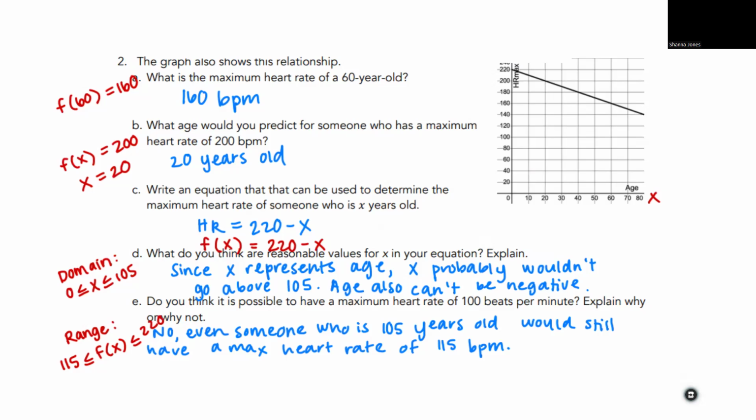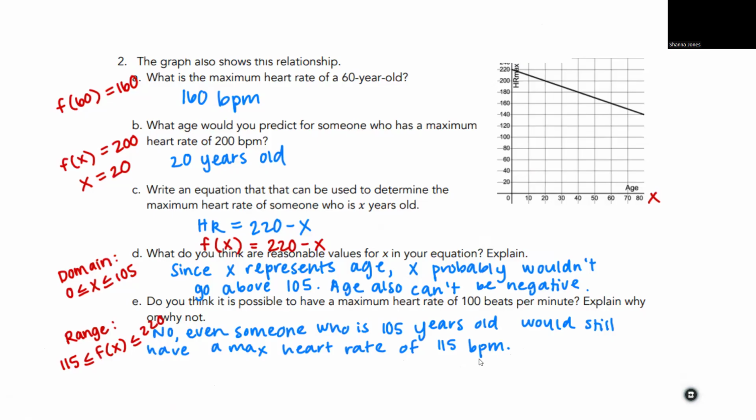Do you think it's possible to have a maximum heart rate of 100 beats per minute? No, and why is it not? Exactly. It's outside of our range. And because it's outside of our range, no one who is 105 is going to be moving that fast, right?